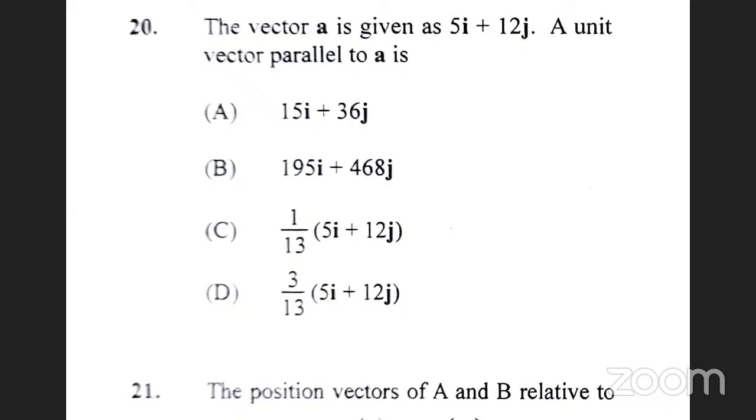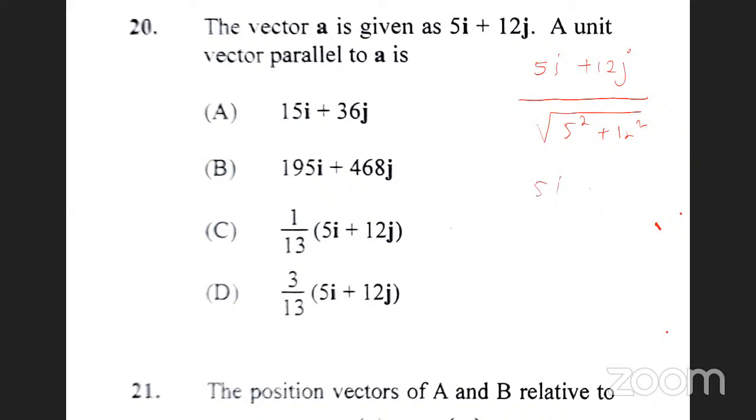How do you find a unit vector? You take a vector and divide it by its magnitude. How do you find the magnitude of 5i plus 12j? 5 squared plus 12 squared gives 13.